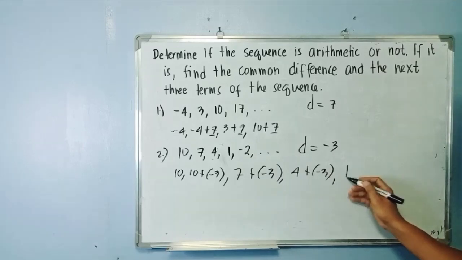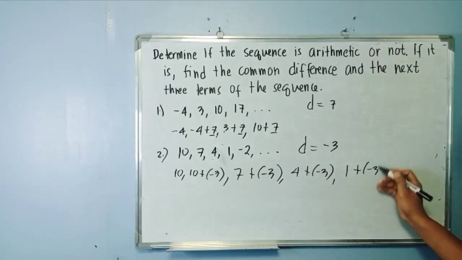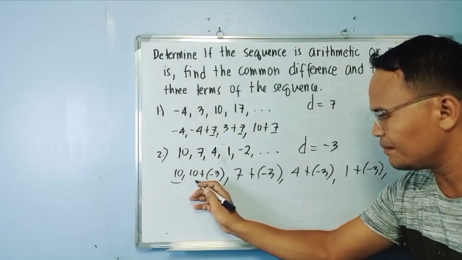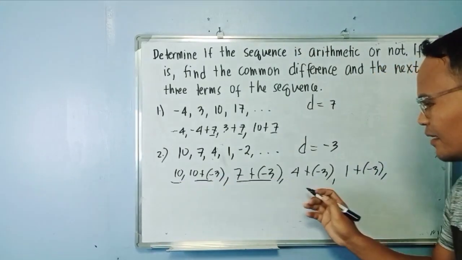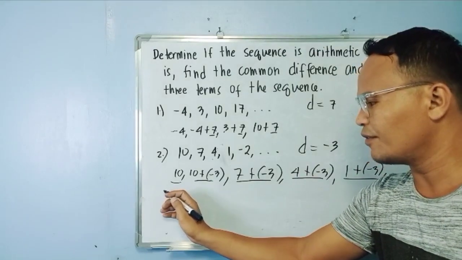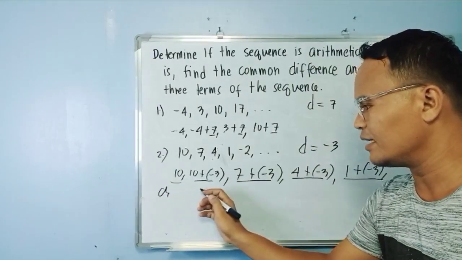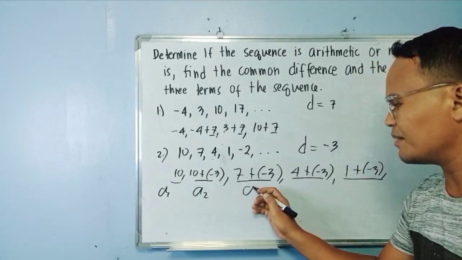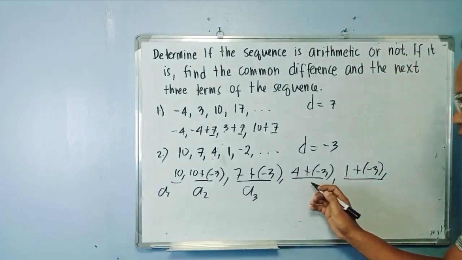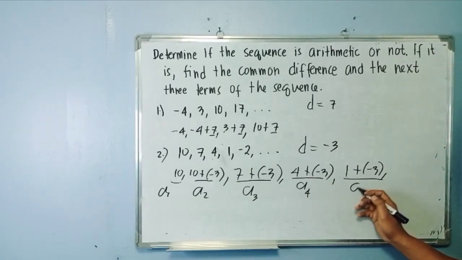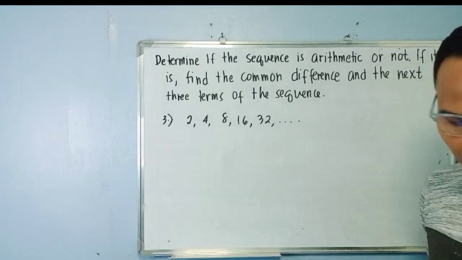And if 1 is added by negative 3, the result is negative 2. This is our first term, second term, third term, fourth term, fifth term. Don't forget that the first term is denoted by a sub 1, the second term by a sub 2, the third term by a sub 3, the fourth term by a sub 4, the fifth term by a sub 5.